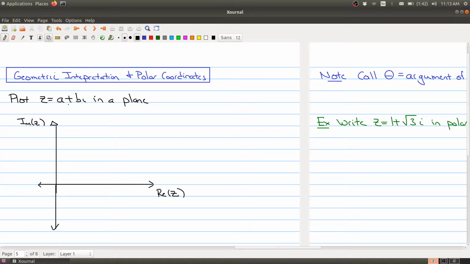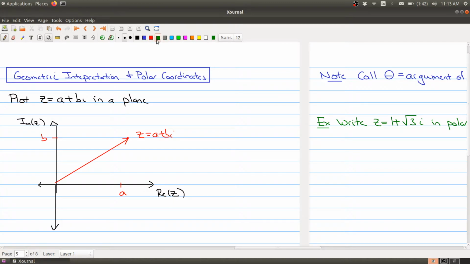So if I were to take the point a + bi, here's the real part, a, and here is the imaginary part, b. And so I would represent the complex number z by this particular vector, or sometimes you just represent it by a particular point.